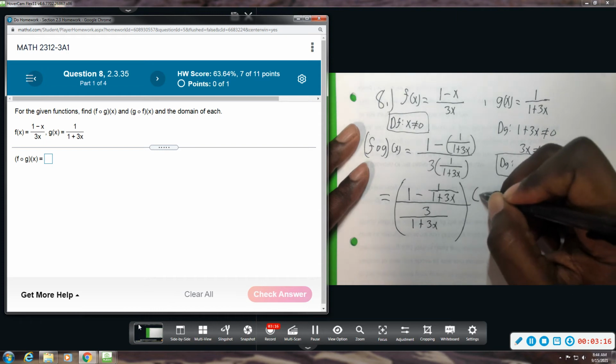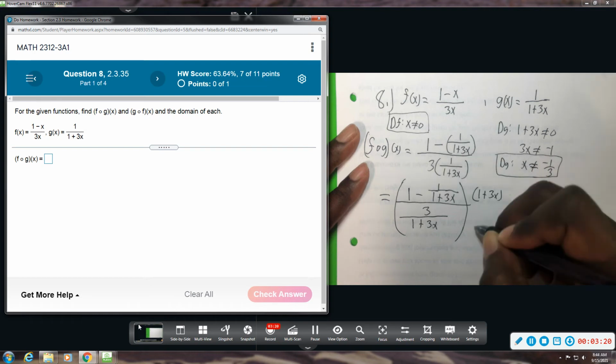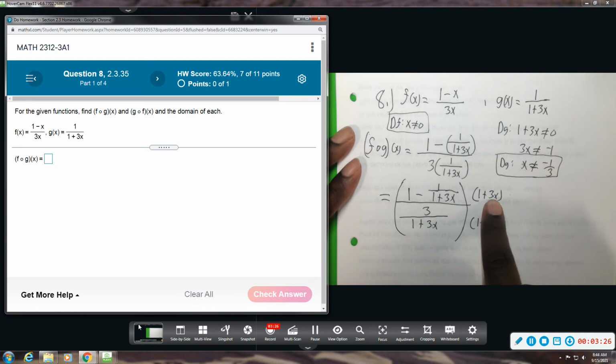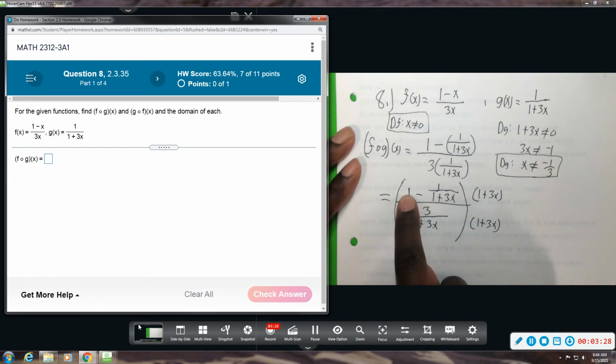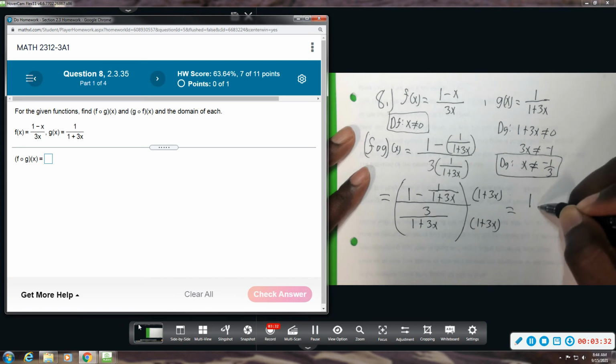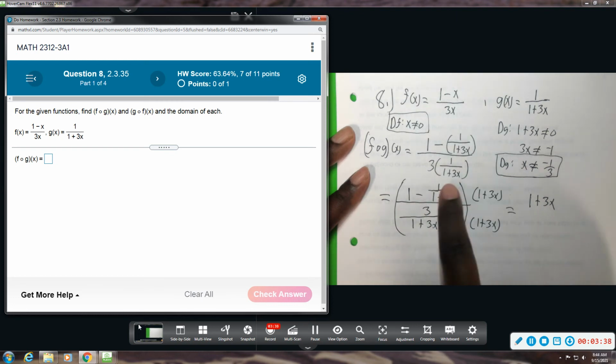I'm going to multiply top and bottom by 1 plus 3x. So when I multiply 1 plus 3x times 1, I get the same thing. So I get 1 plus 3x. That is this times 1. When I multiply this times this fraction, the top and the bottom will cancel out, and I'm just left with a minus 1.